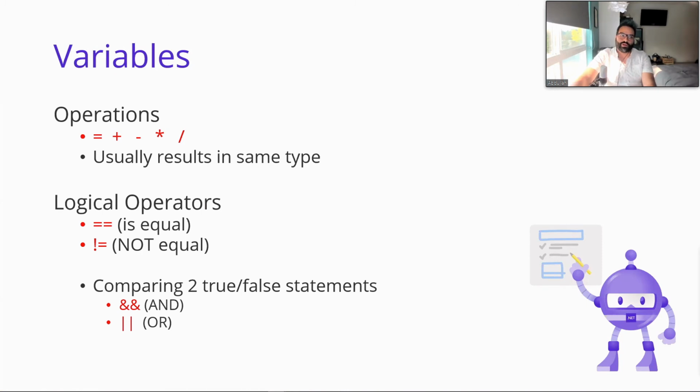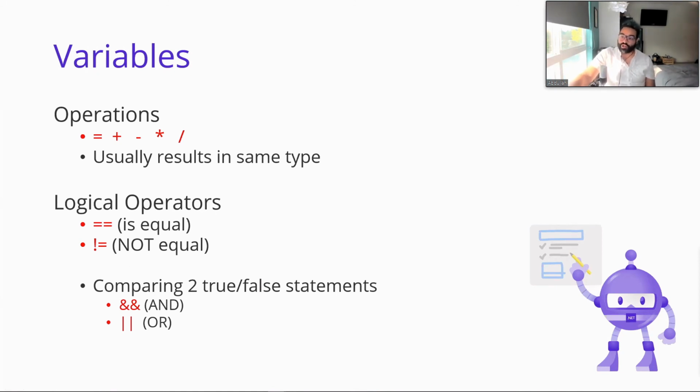What's happening here is that we're comparing the value on the left side of that operation to the value on the right side. And if they are equal to each other, then the whole operation will result in a true value. And exclamation mark equal means not equal. So if they are not equal, then it will return true.